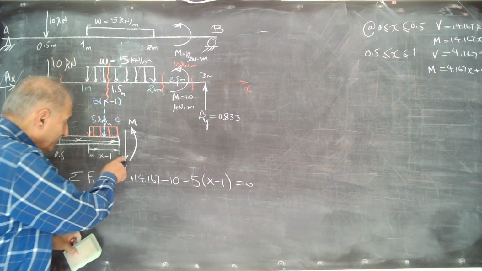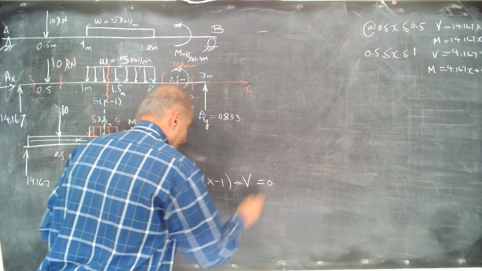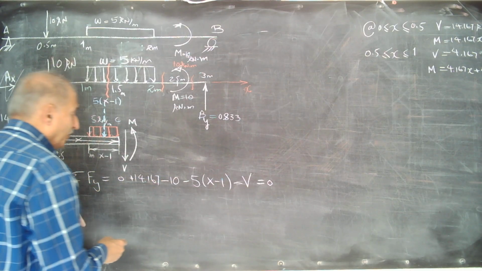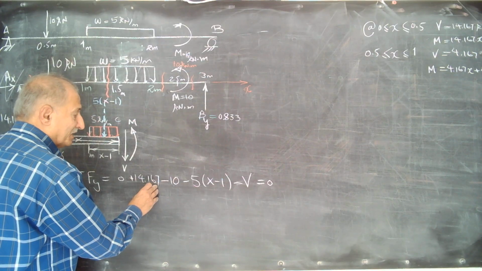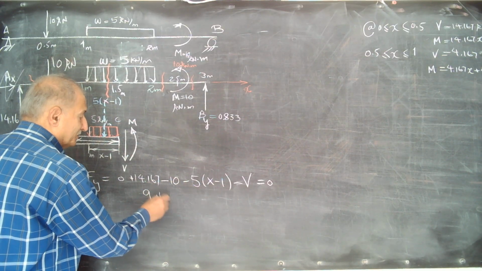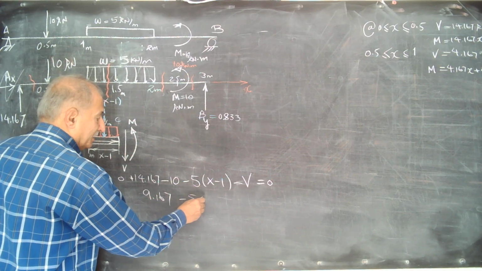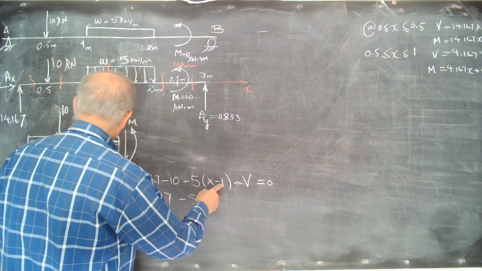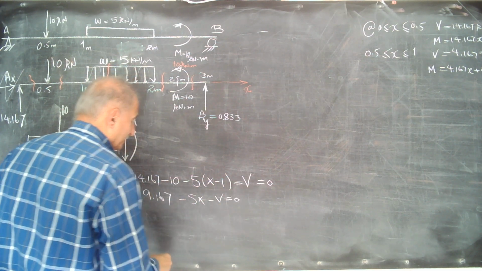Well, when we split, then minus V equal to 0. Then simplify that. 14.167 minus 10 is 4.167, plus 5 is 9.167, and then minus 5x, minus V equals 0.